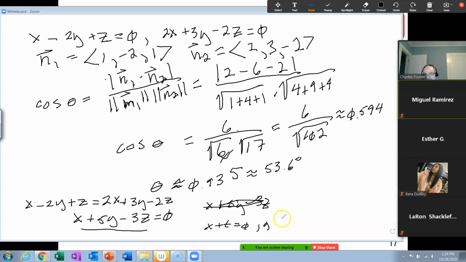Y minus 2t is equal to 0, and z minus 3t is equal to 0. Let me make sure I've written that correctly.